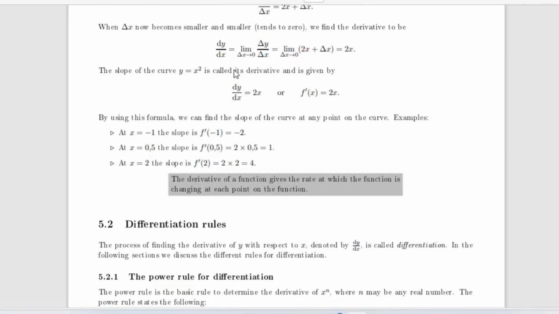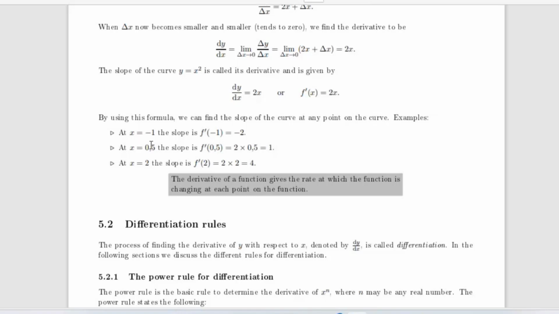Do we agree from this line? Yes, sir. What they are simply saying is that in the derivative, not in the given function, that's where they are substituting these different values. That's why they are saying at x equals -1.